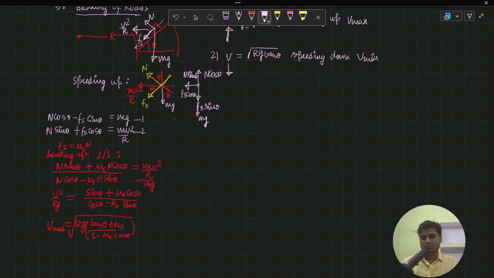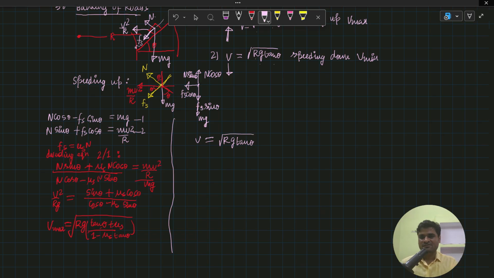Our question was that on an inclined or on a banked road, if a vehicle is traveling with the velocity root of rg tan theta, there is no need of any friction, but they start to speed up. Our vehicle is starting to speed up, so this has to go into a bigger circle, and for that the radius has to increase, and so the car will start to go up the other side of the road to increase this radius.